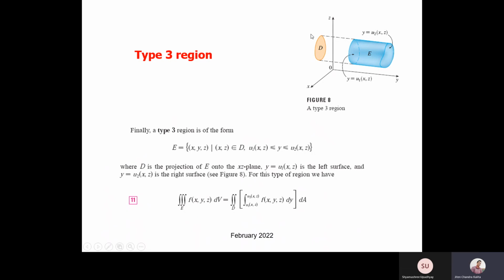Similarly, in a type 3 region, D is going to be considered over the XZ plane, and then y is bounded by two surfaces, which are nothing but graphs of functions of x and z. This is the way we are going to perform integration, right? I think you can easily do that.